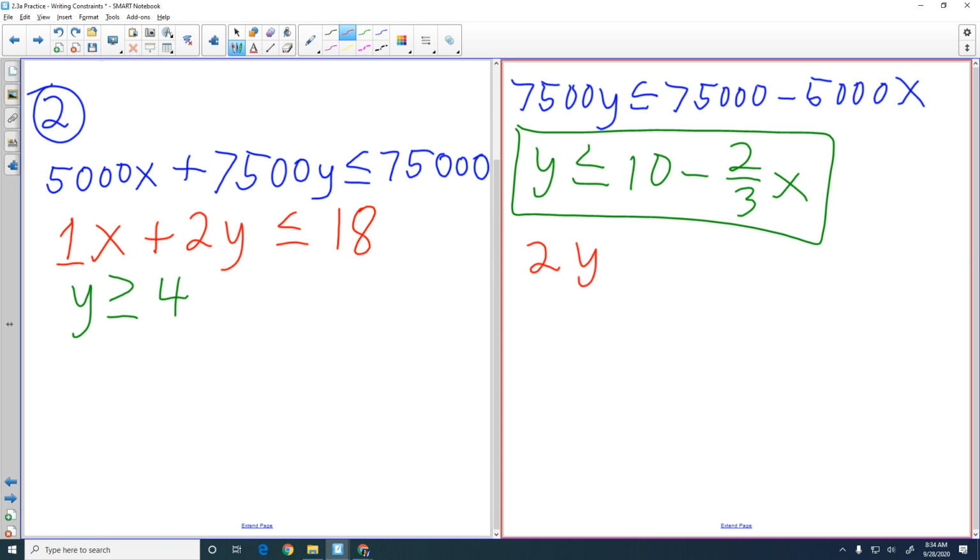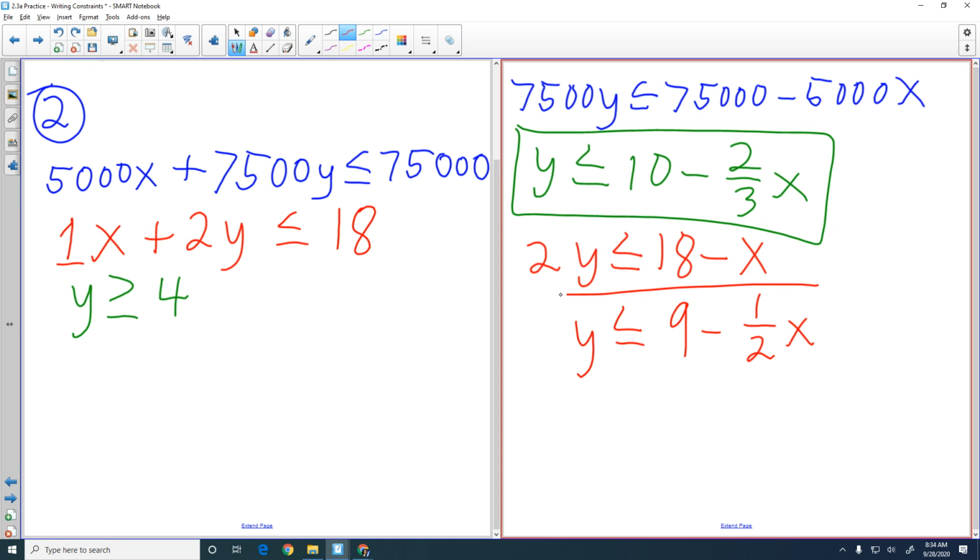That leaves us with 2y is less than or equal to 18 minus 1x. I'm not going to write the 1 because 1 times x is just x. Then the last step would be to divide everything by 2 to get the y by itself. y is less than or equal to 9 minus 1/2 x. So there's our second constraint in slope-intercept form, ready for graphing.